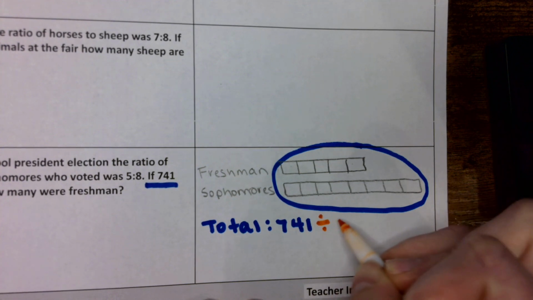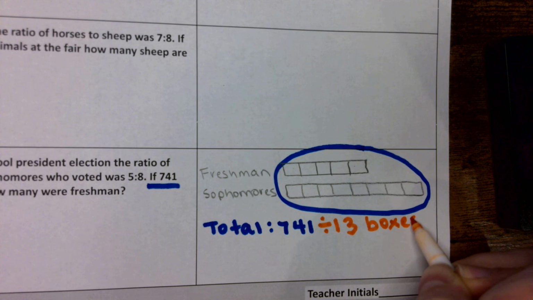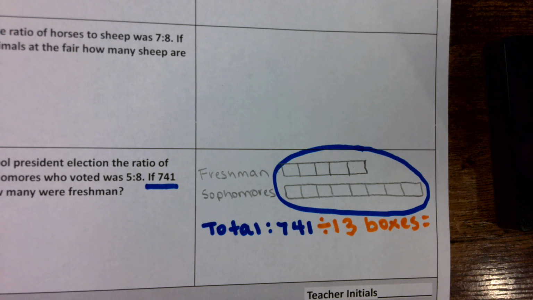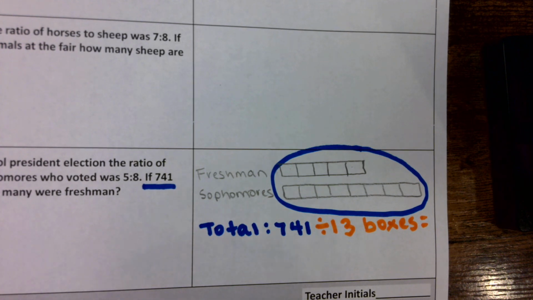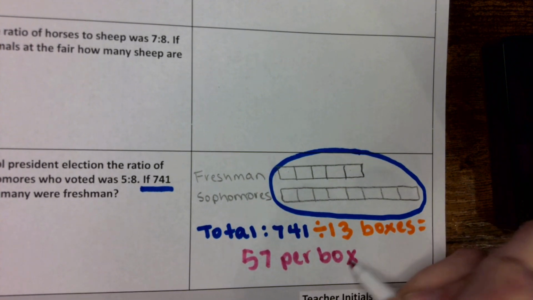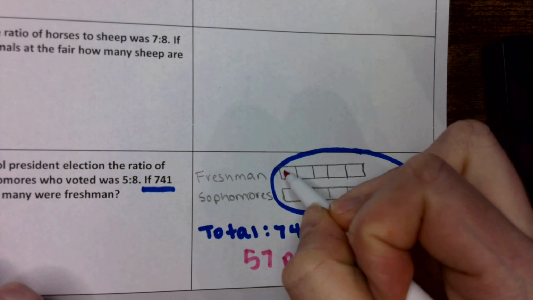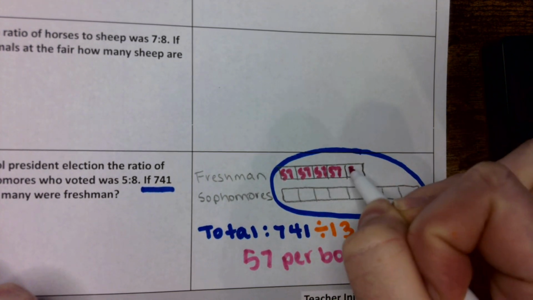So I'm going to do 741 divided by 13 boxes, and 741 divided by 13 is 57 per box. Remember, your boxes will always have the same number in them. So I'm going to write 57 in every single box.